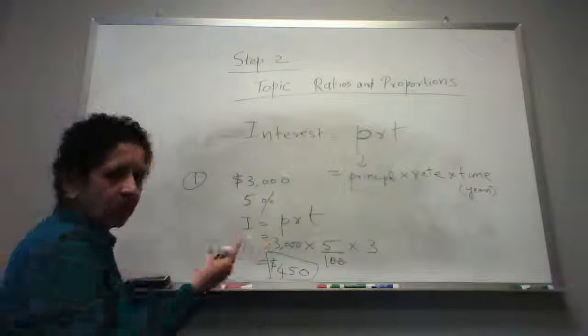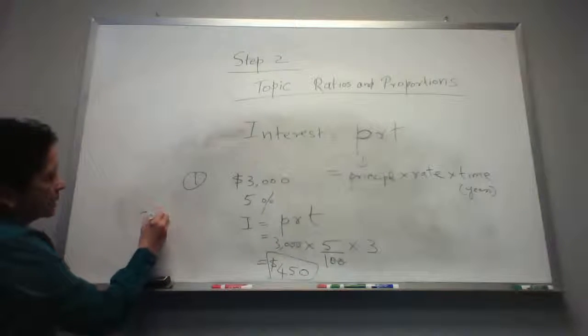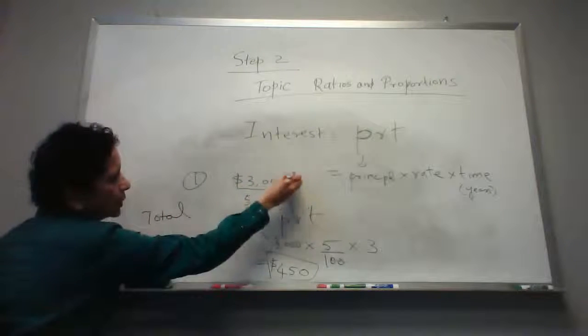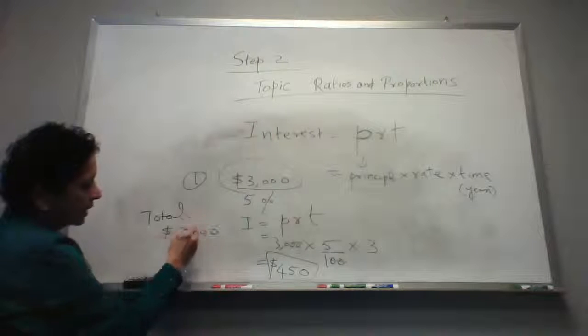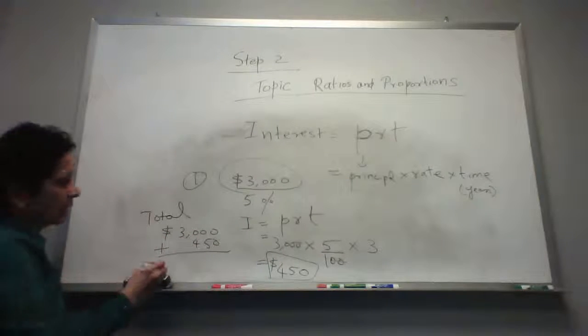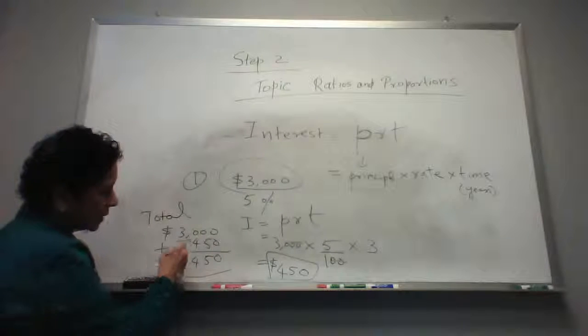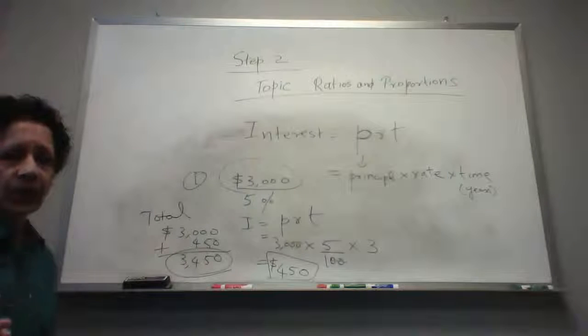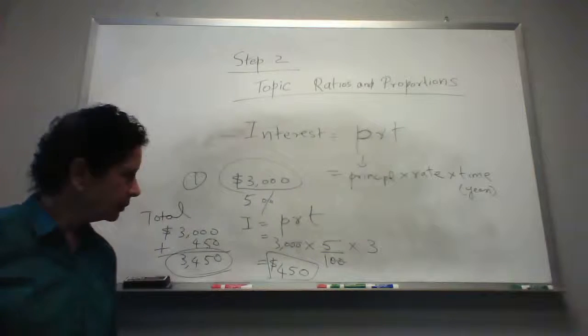So the total amount is going to be, you have your principal, that's still there. So the $3,000 is still there. And then plus you have earned $450 interest. So together, totally, you are going to have $3,450 in your account 3 years from now. That's what that means. Okay?